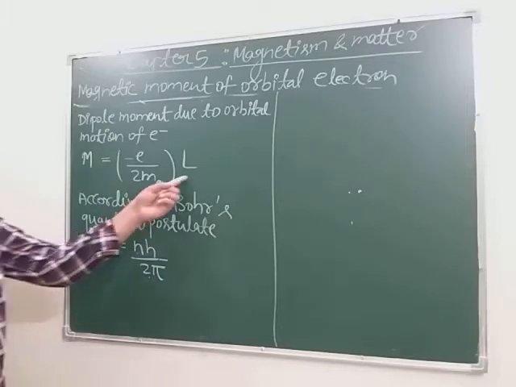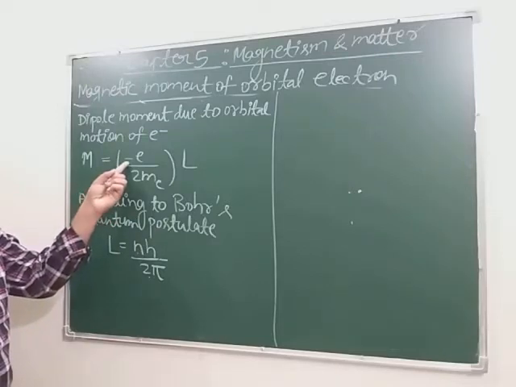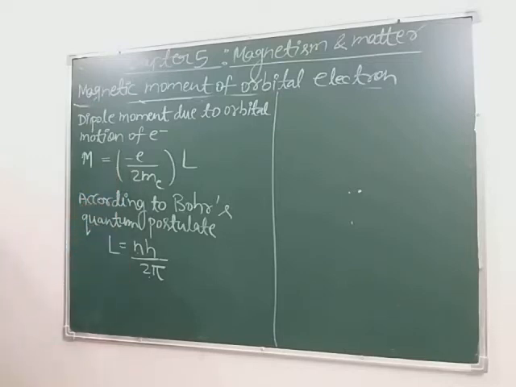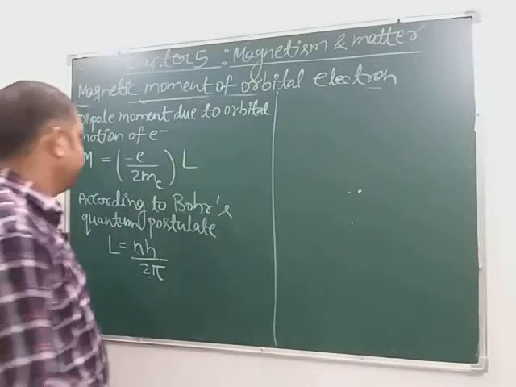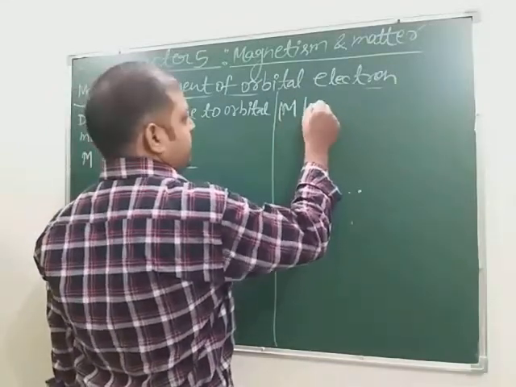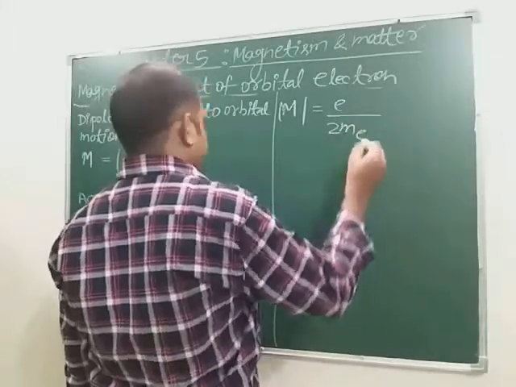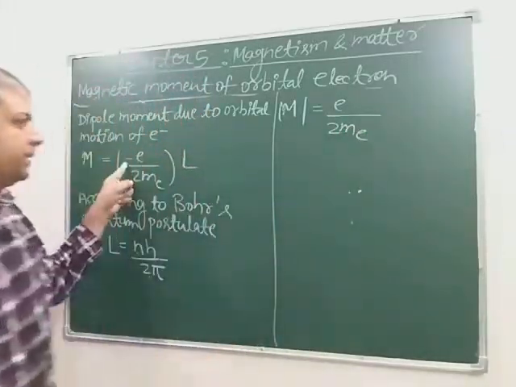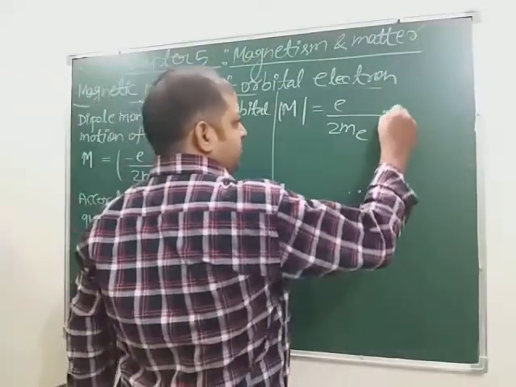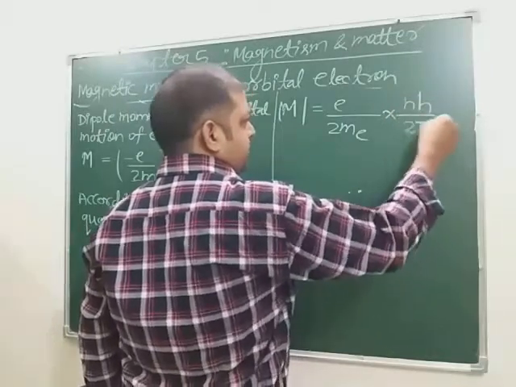So at the place of L we can substitute this value. We are not worrying about the sign, we are only calculating the magnitude. So magnitude of m will be e upon 2me, and at the place of L we write nh upon 2 pi.